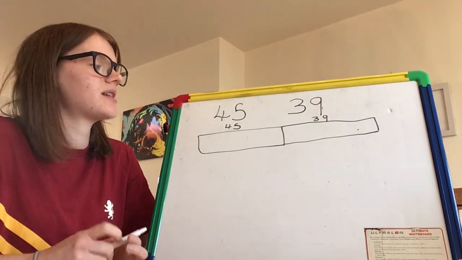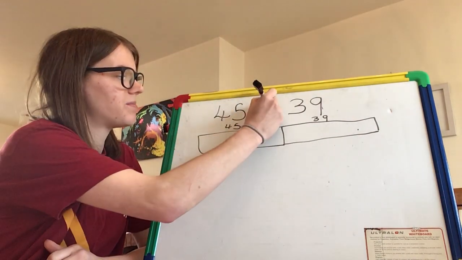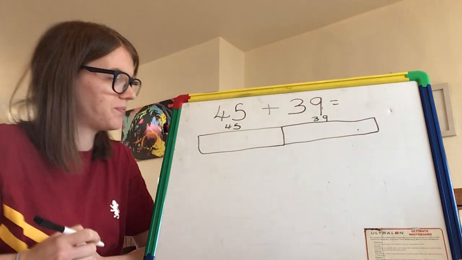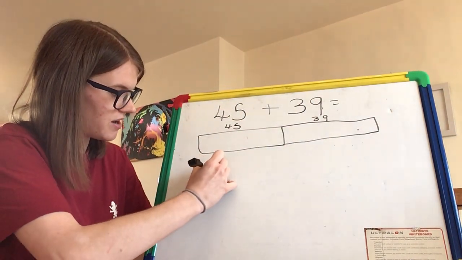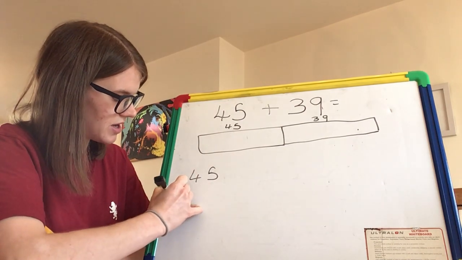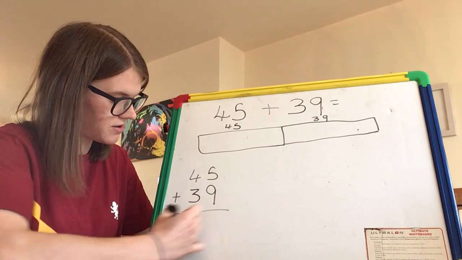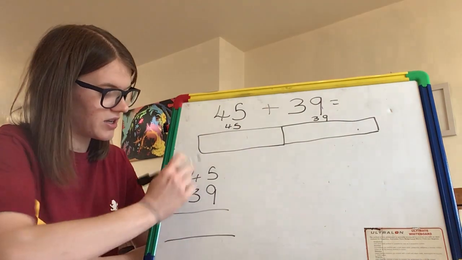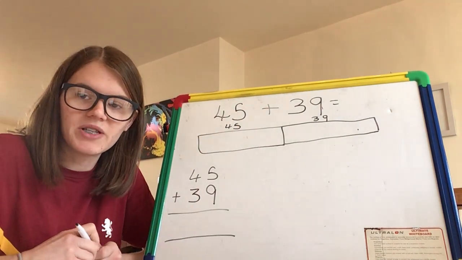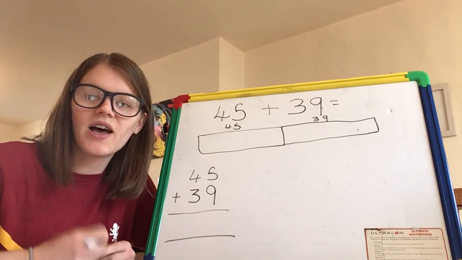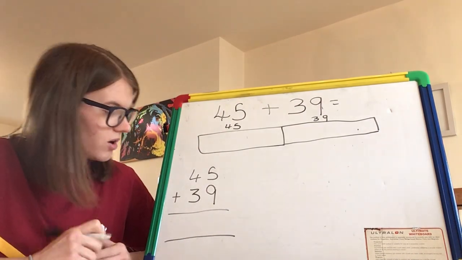So how many did Sam have all together? So I'm doing an adding question, okay? So if I'm doing this here, 45, add 39, okay? And then I could answer this question using my column addition, okay? So pause the video here and have a go at adding using your column addition.